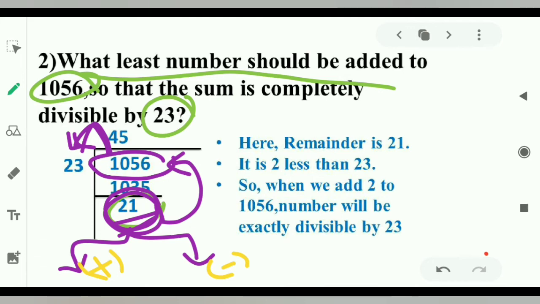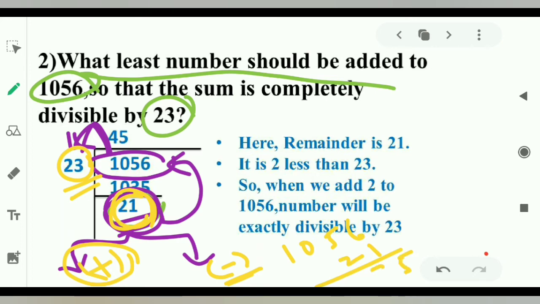Okay, when we take the first method, what value should we add? We should add the difference between the divisor and the remainder. 23 minus 21 is 2, right? When we add 2 to 1056, it becomes a multiple of 23. In the second method, if we subtract 21 from 1056, what will we get? 1056 minus 21 gives 1035, right? 1035 is also a multiple of 23.